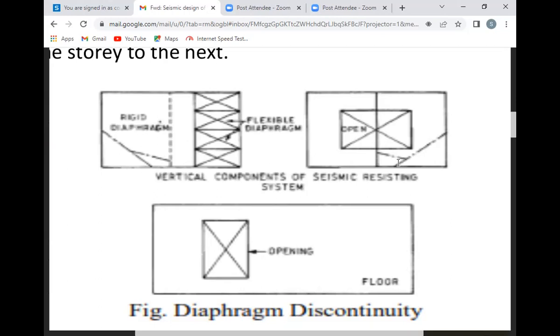The last point from this plan irregularities is remaining, that is the non-parallel system. Completed.